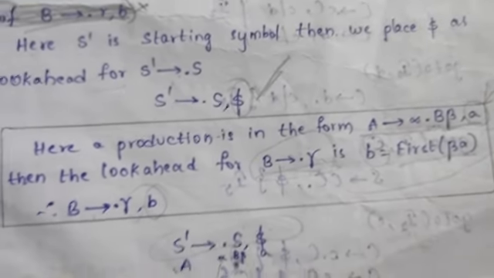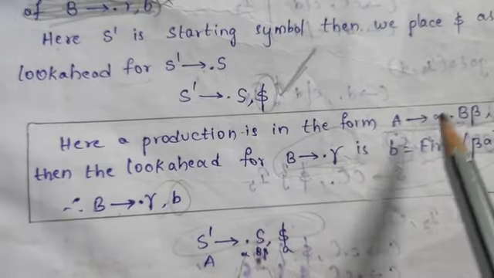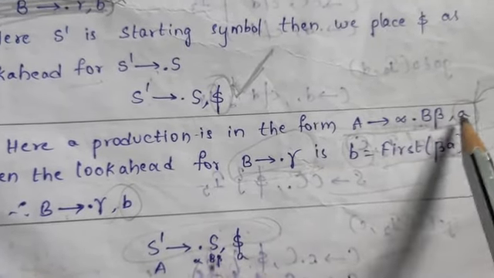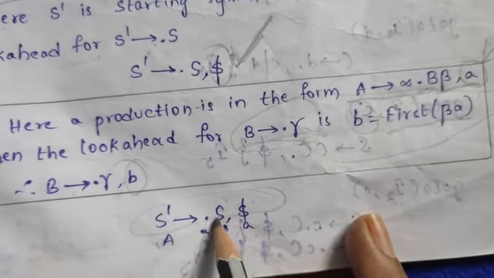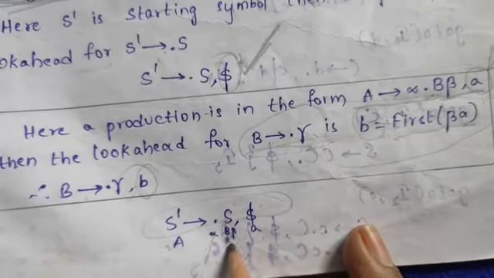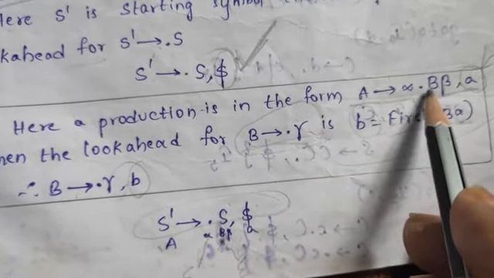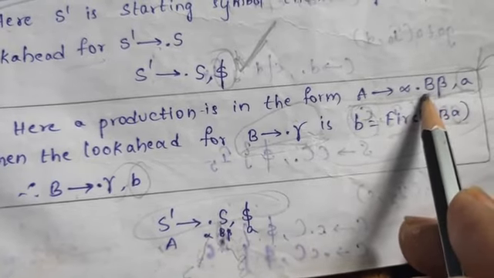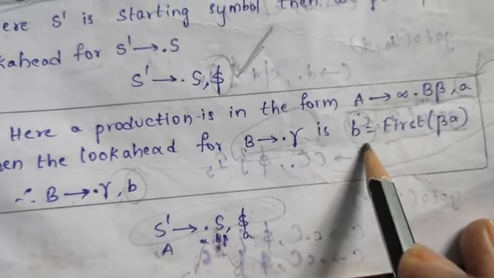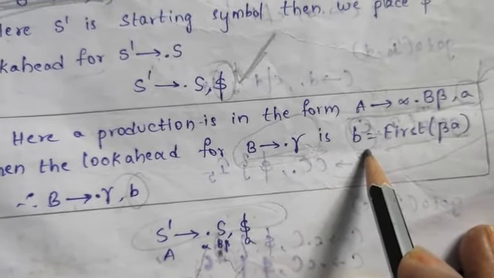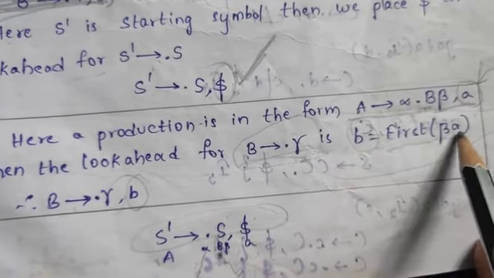So I convert whatever look ahead production there is into the form A tends to alpha dot B, comma beta. Now here S is B, that means B is S. So if any production starts with S, to find the look ahead, the formula is first of beta comma a.